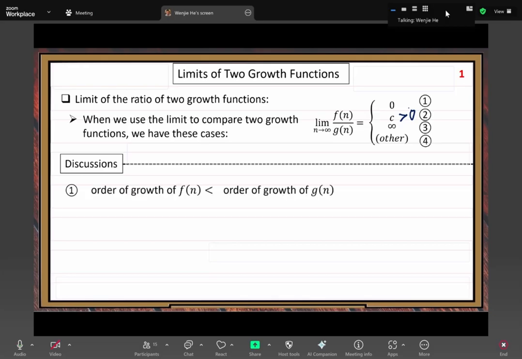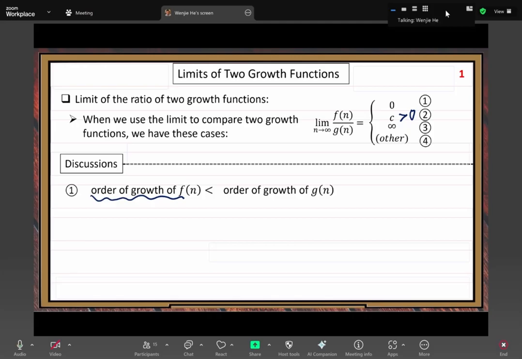But we like to use some special concept to describe this phenomenon. The concept we use here is called the order of growth, the order of growth of a function. Degree, order, in math we frequently use these two words.